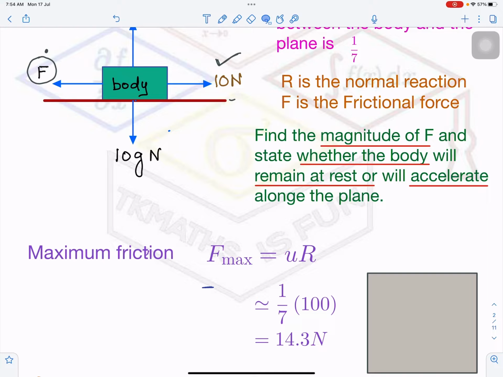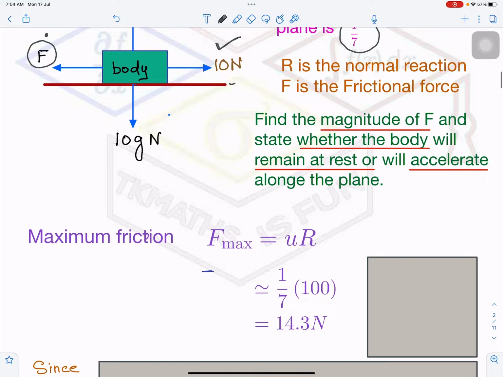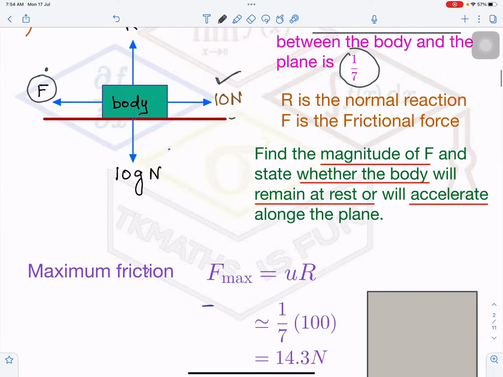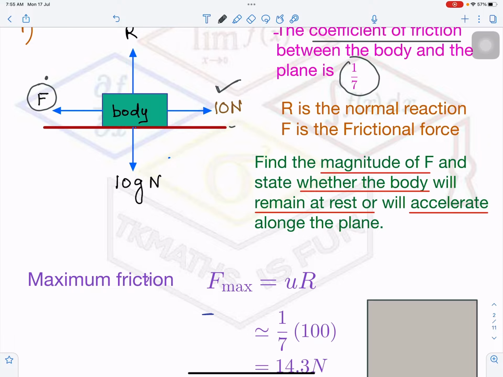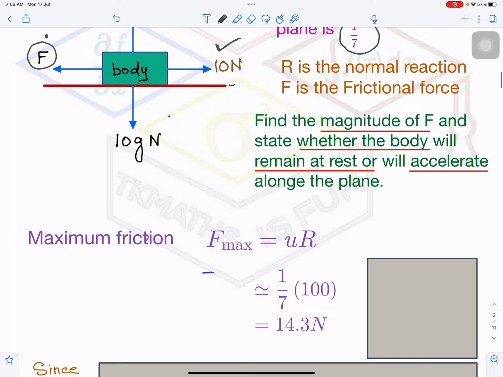And mu is given to you in the question. The coefficient of friction, which is represented by mu, is 1/7, which is given to you. And R is the normal reaction between the body and the plane, right? The force exerted by the plane on the body, which is basically Newton's third law of motion.